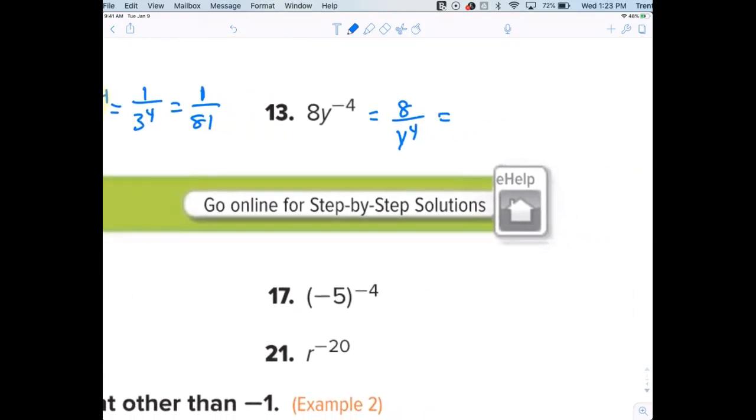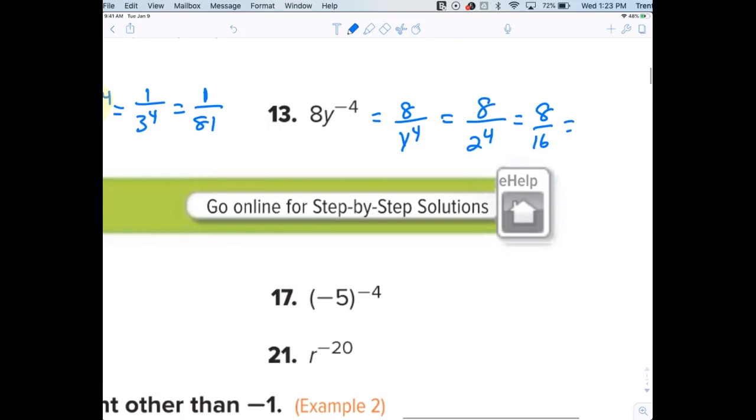Right, so there you go. 8 over 2 to the 4th. And now what's 2 to the 4th? Yes, right. So now 8 over 16 reduces to? Exactly right. You don't need a calculator for that. You shouldn't be using a calculator.